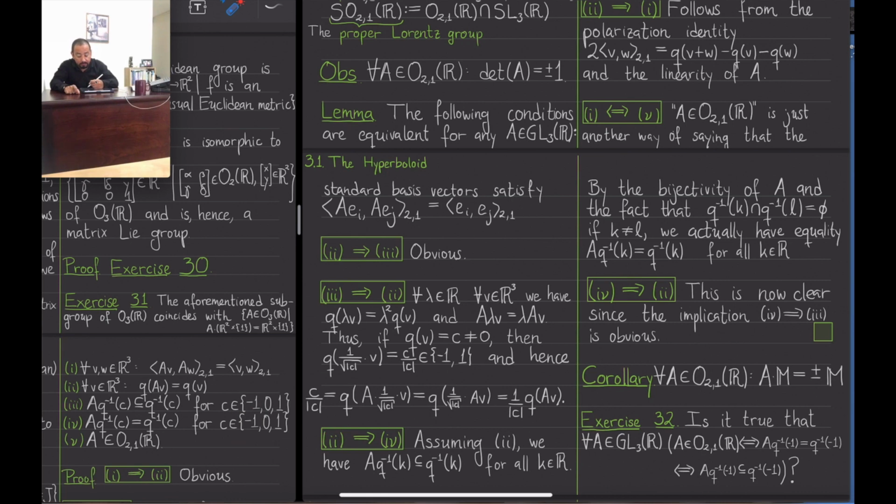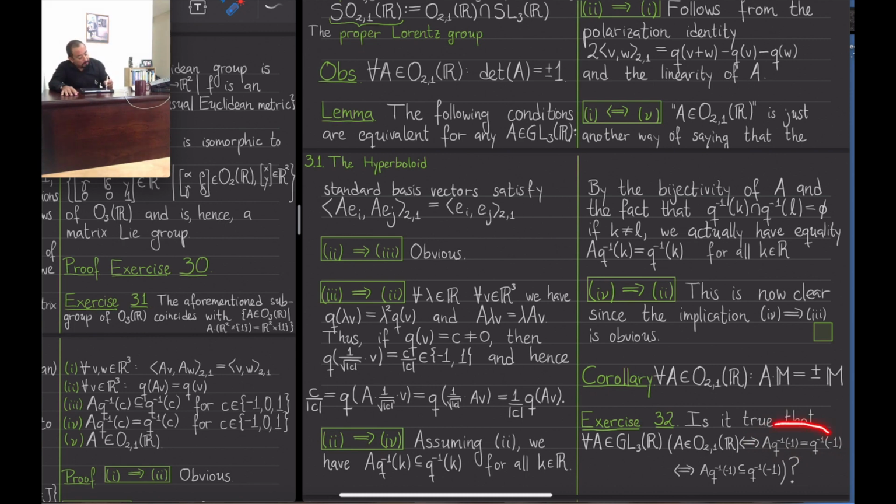Okay, so somehow, by looking only at the two-sheeted hyperboloid, can it be true that a matrix belongs to O(1) if and only if it preserves the inverse image of -1, so that one doesn't need to check 0 or 1, but only the inverse image of -1?